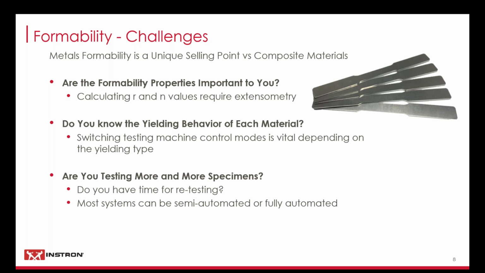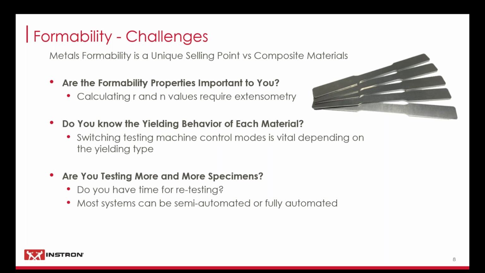The test throughput can be increased by setting the control modes of your test dependent upon the yielding type of your material. And the standards go on to talk about that as well. And then, of course, are you testing more and more specimens?